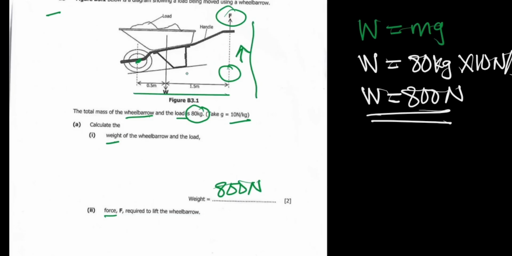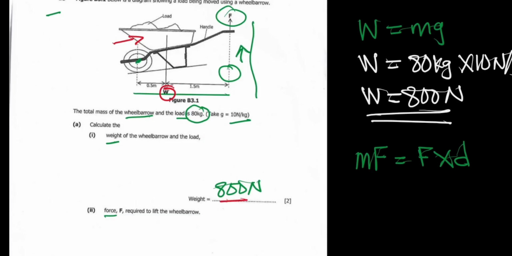And this creates what we call the moment of force. Remember, the moment of force is the force applied times the perpendicular distance. But on top of that, you're going to realize that this wheelbarrow has this weight, which we found to be 800 newtons.